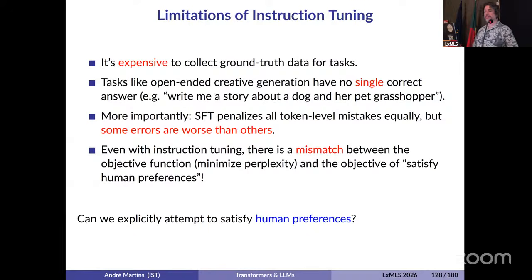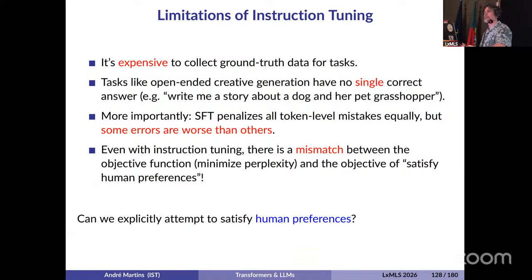But of course, there are still limitations on these approaches. I already mentioned that it's expensive to collect human instructions. You can alleviate that by using synthetic instruction tuning data, but there are other problems. For example, suppose that you want to do open-ended creative generation, like explaining the moon landing to a kid, or generating a story like the unicorn story that I mentioned before. For those examples, there is no single correct answer, right?